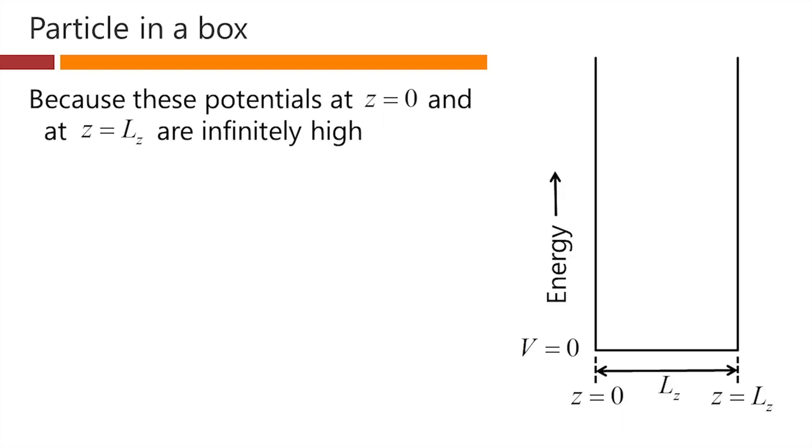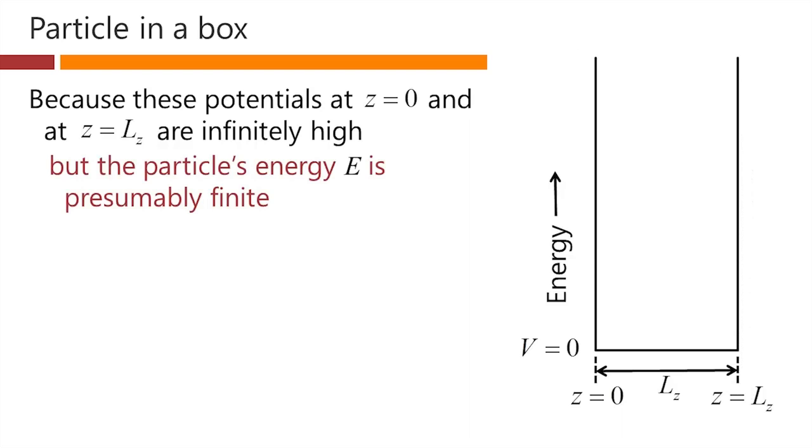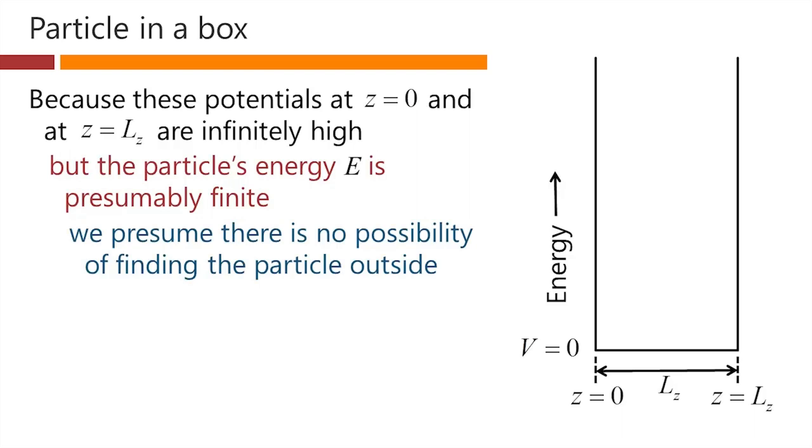Now, because these potentials at z equals 0 and z equals Lz are infinitely high, but we presume in the end that the solutions we're looking for correspond to finite energy, then we presume there's really no possibility that we would find the particle out here. At least we'll take that presumption.